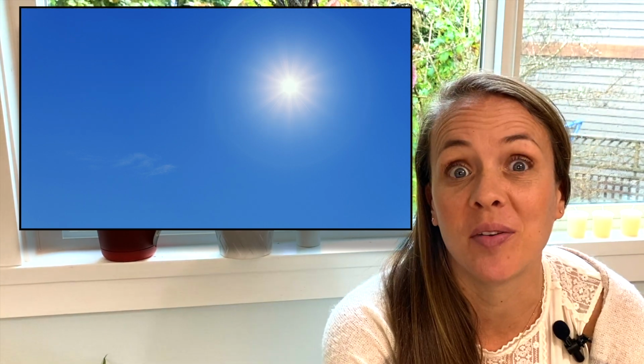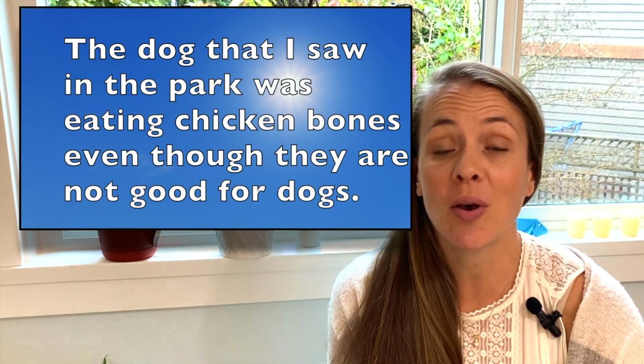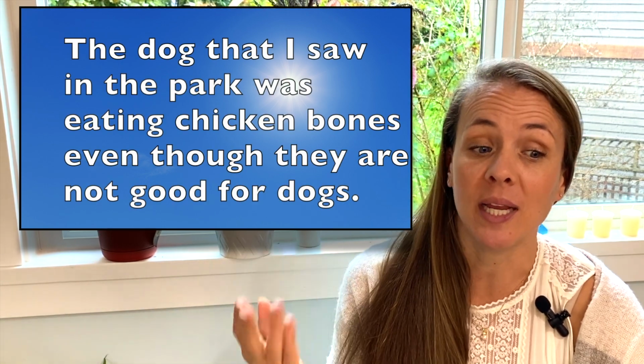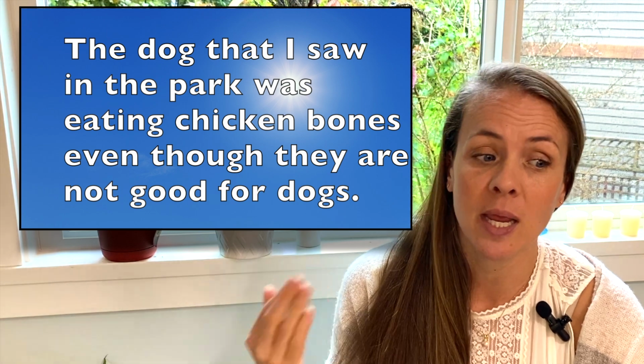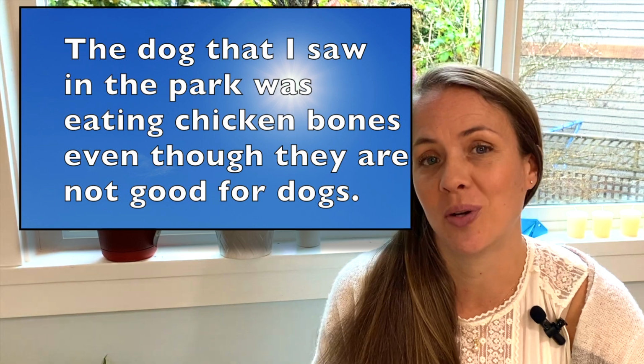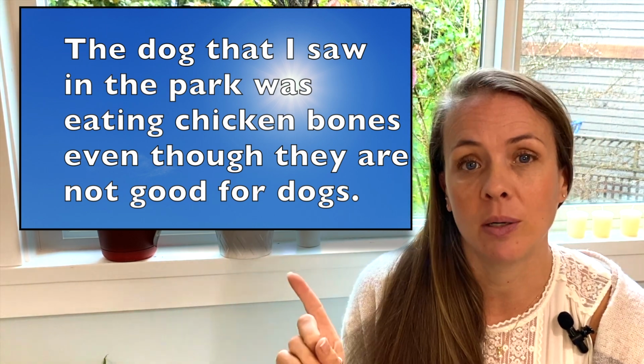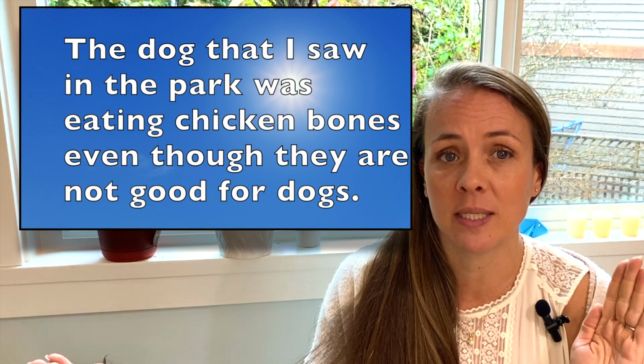Let's give you another example. The dog that I saw in the park was eating chicken bones, even though they are not good for dogs. So let's break this sentence apart. It's a pretty long sentence.